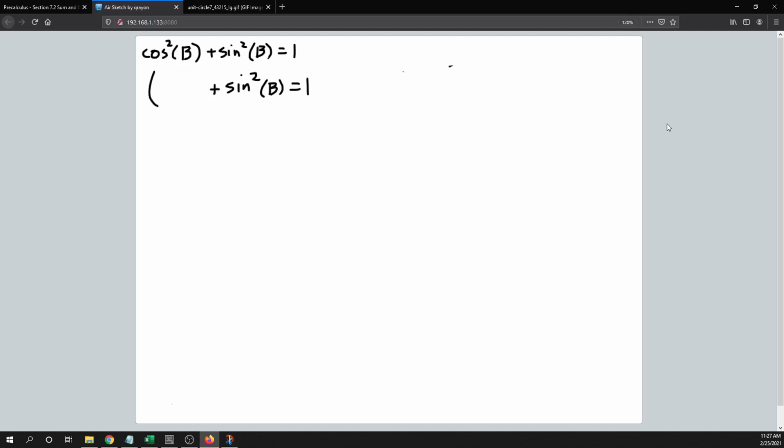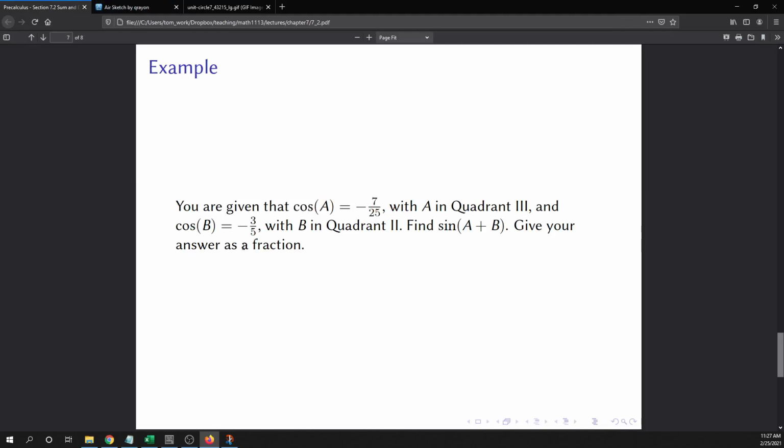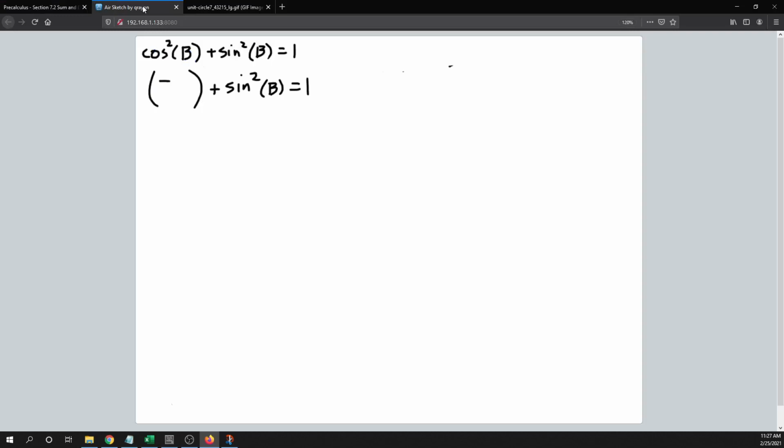And this time we are given that the cosine of B is negative 3/5. All right, and don't forget that squared.